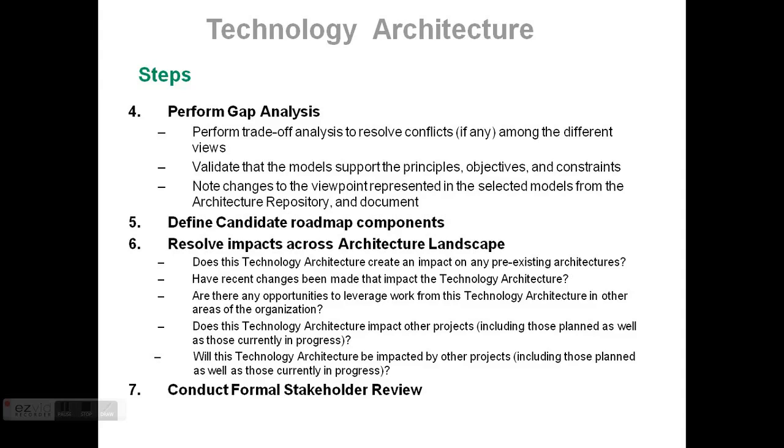step 7, we're looking at conducting formal stakeholder reviews. We need to check the original motivation for the architectural project and the statement of architectural work that we had in the beginning against the proposed technology architecture, asking if it is fit for the purpose of supporting subsequent work in other architecture domains.